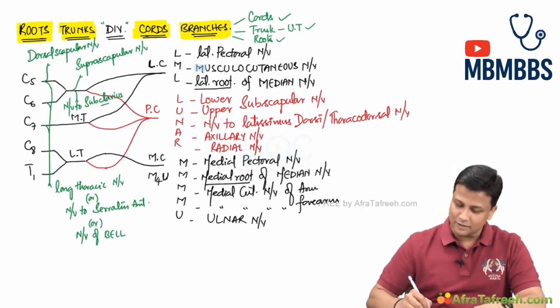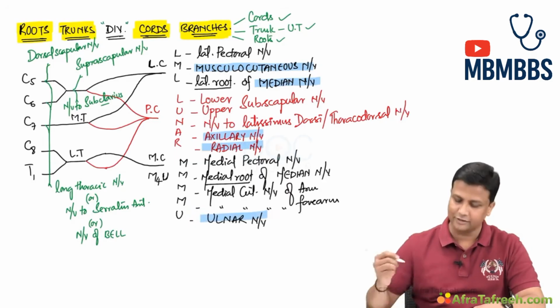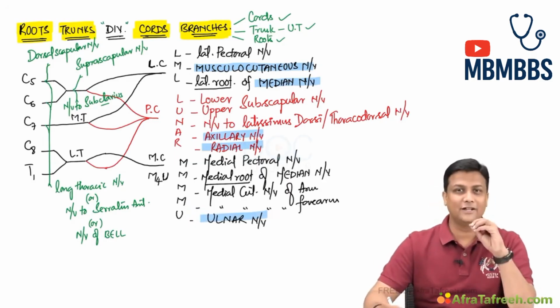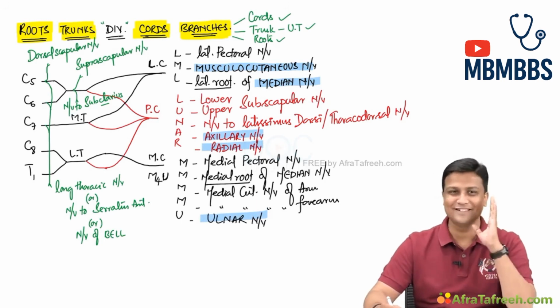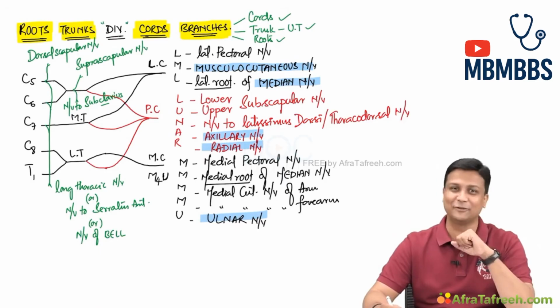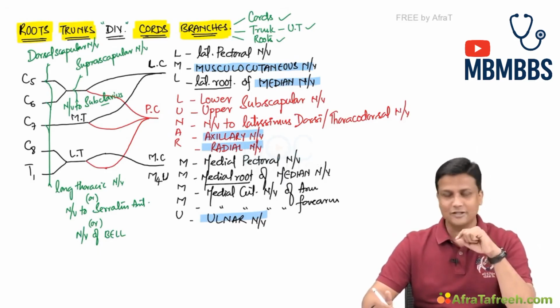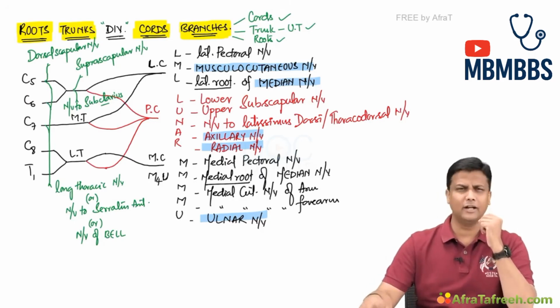Number 1, musculocutaneous nerve. Number 2, the median nerve. Number 3, axillary nerve. Number 4, radial nerve. And number 5, the ulnar nerve. So these are the 5 branches that we have written in capital letters. Those are the major branches, and the remaining are minor branches. That makes things easier for you. First of all, we'll discuss these major branches, then we'll go ahead with the minor branches later on.